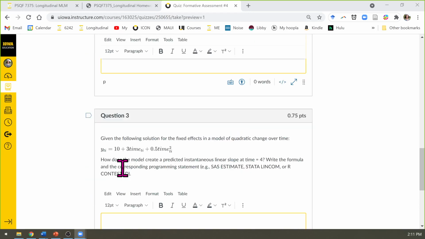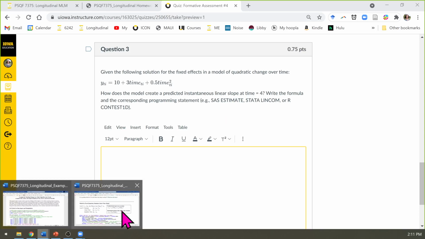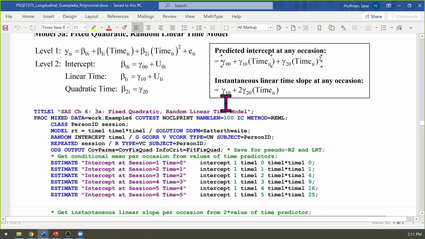And then the other one, how does the model give you the instantaneous linear slope at each occasion? Times 2. So to get what the model says the predicted slope at any occasion is, it starts off with what the linear slope is, so I need 1 of those, and then I need 2 times the value of time that I want the linear slope for.